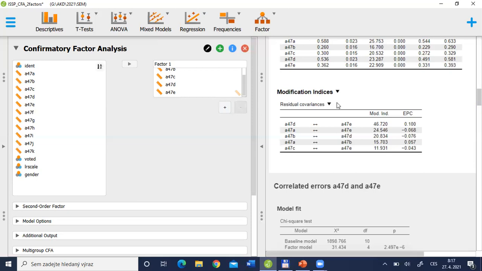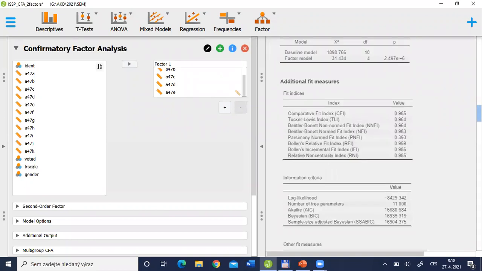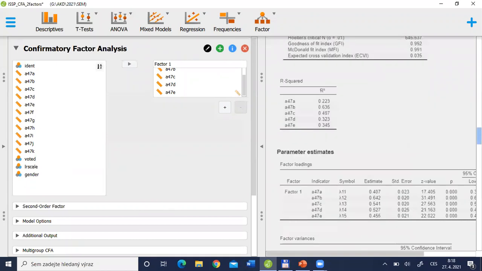So according to our discussion, we decided to modify my model, and as we changed the model, all these characteristics of the model, such as CFI, TLI, etc., were slightly improved, and this was the last model.